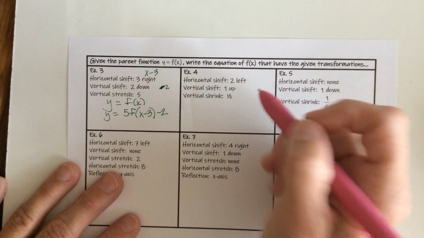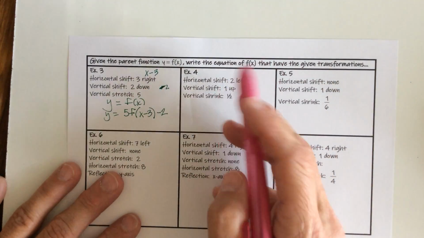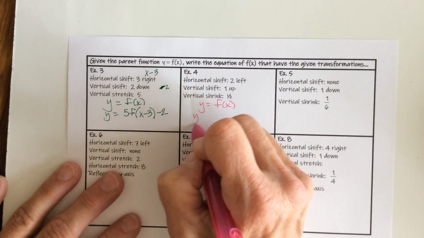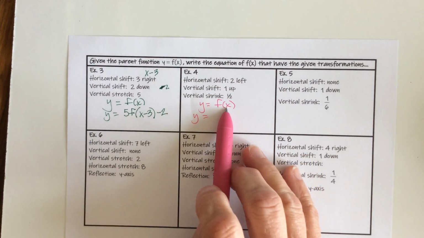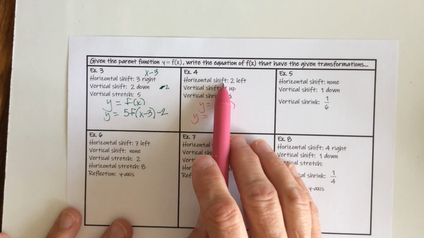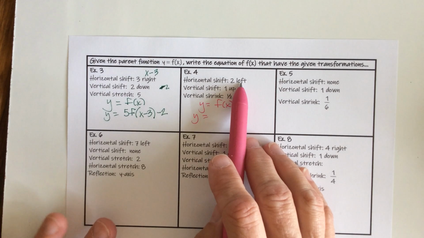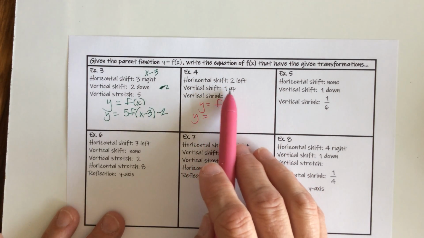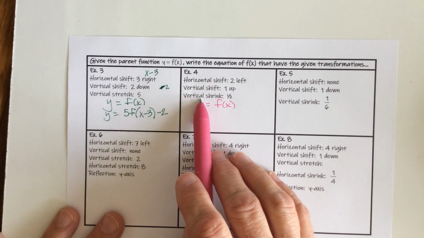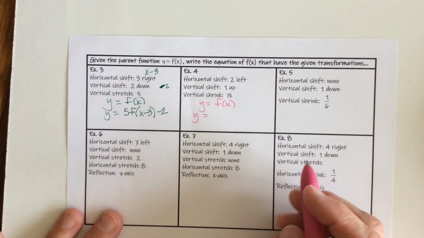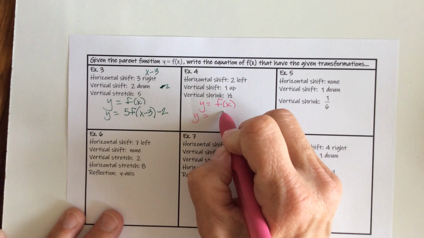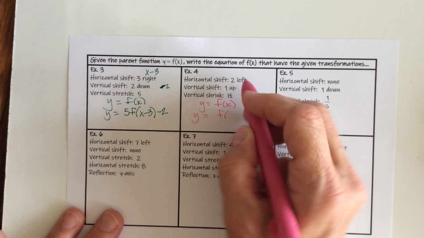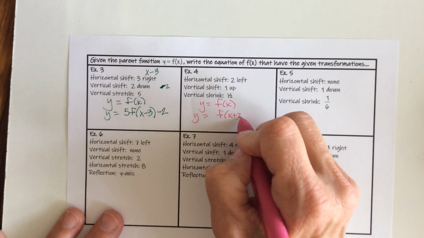All right, so y equals f of x is what we're starting with. And I want the equation f of x to have a horizontal shift of 2 to the left, a vertical shift of 1 up, and a vertical shrink of 1/2. So shifting 2 to the left would be an x plus 2.